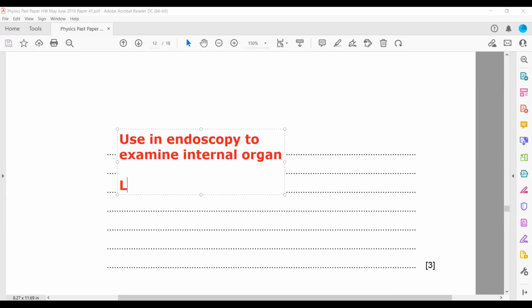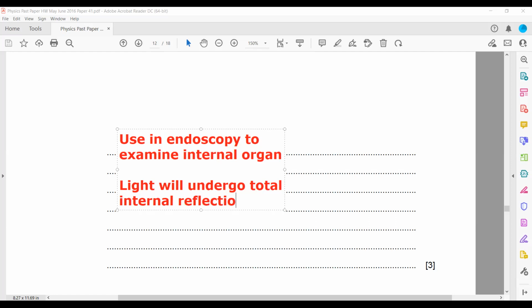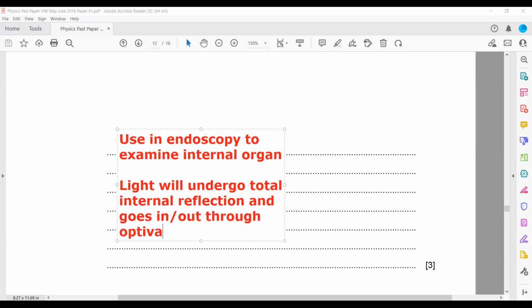and how it works, the light will undergo total internal reflection and it goes in and out through optical fiber. So these are the points you can mention.